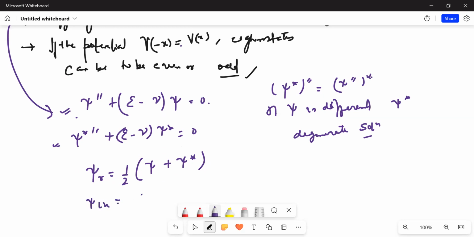And another way, you can also create this. So from the linear combination of psi and psi star, one can generate real eigenstates. So energy eigenstates, psi x, can always be chosen real. I'm not saying they will always be real, but they can always be chosen to be real.